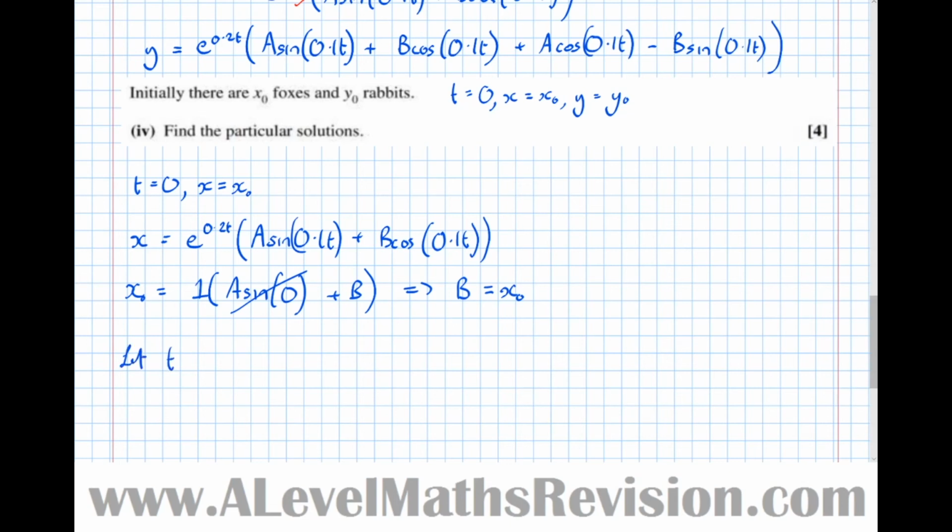So let t equal 0, y equal y0, which means that y0 equals, so e to the 0 is just 1, then all the sines disappear because we're finding sine of 0, so it's just b cos of 0.1 times 0 is b, plus a, and we know the value of b from above, equals x0 plus a.